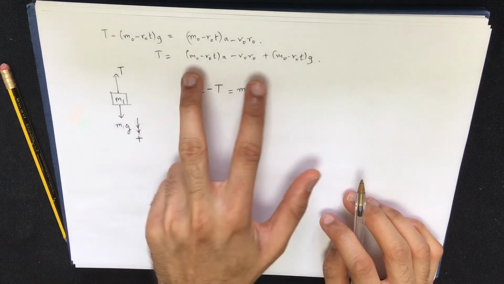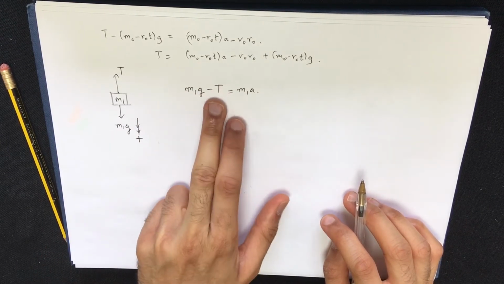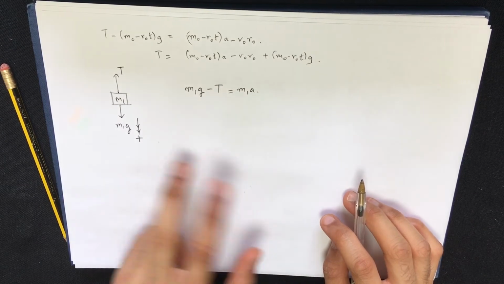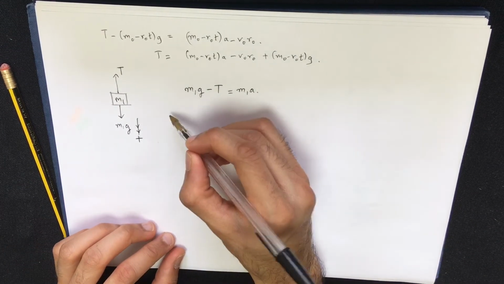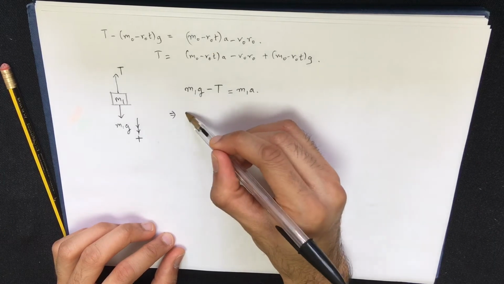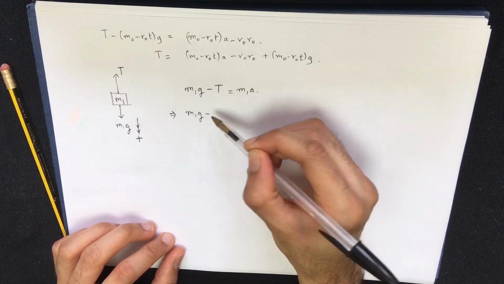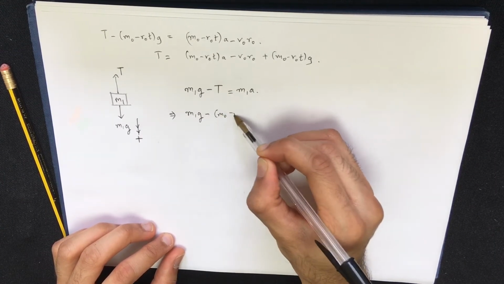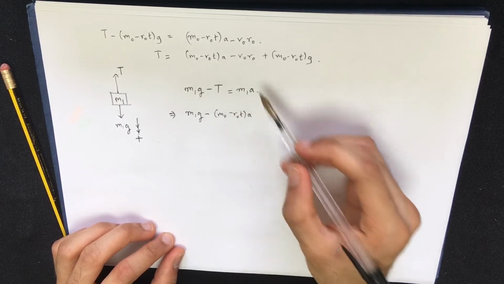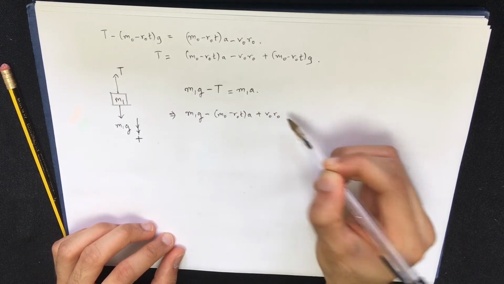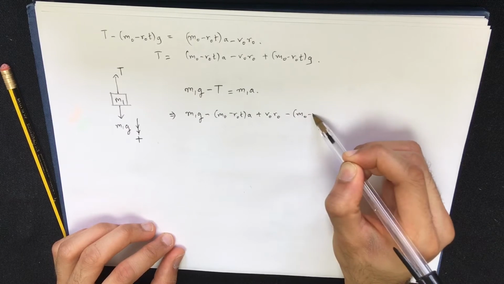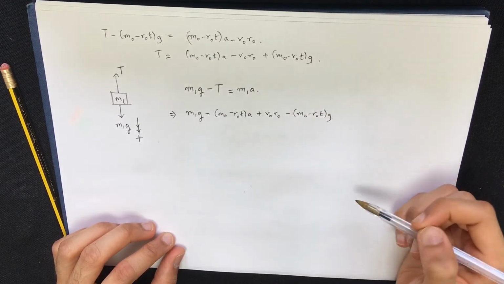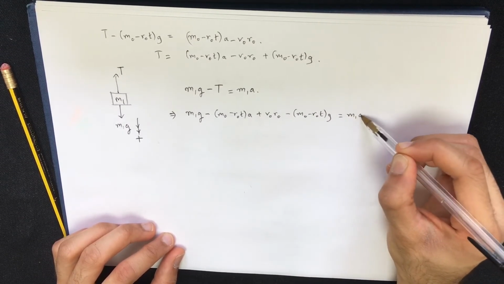Now all we've got to do is plug this big expression over here into the tension and rearrange a bunch of stuff to figure out what A is. So let's do that. This is going to become M1G minus (M0 minus R0 T) times A plus V0 R0 minus (M0 minus R0 T) times G, and that's all going to be equal to M1A.